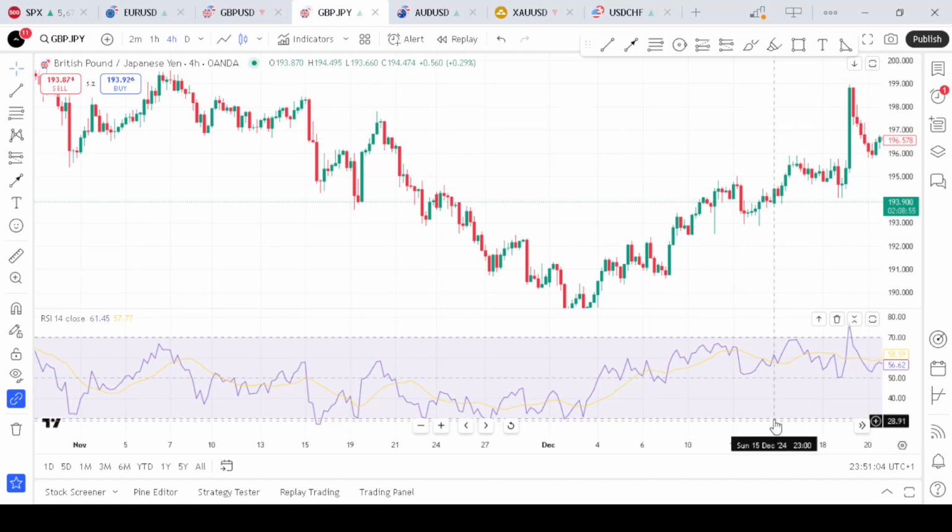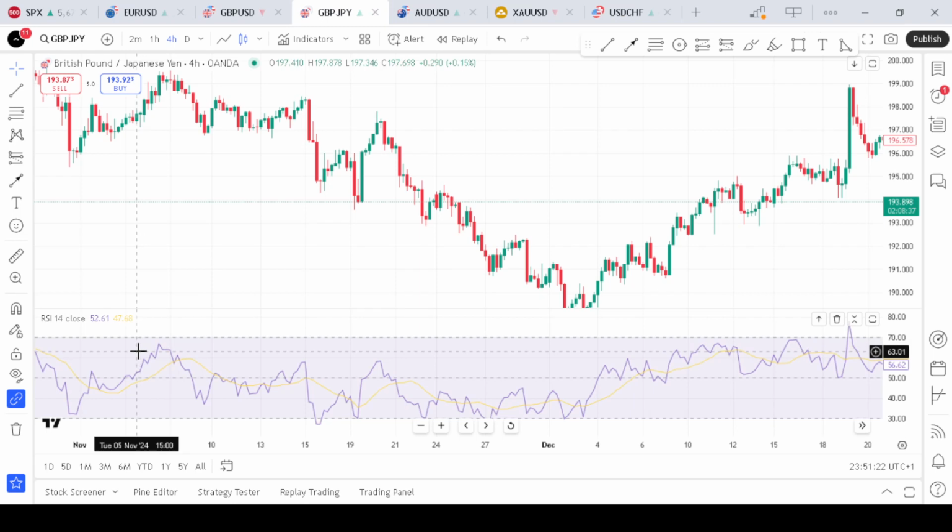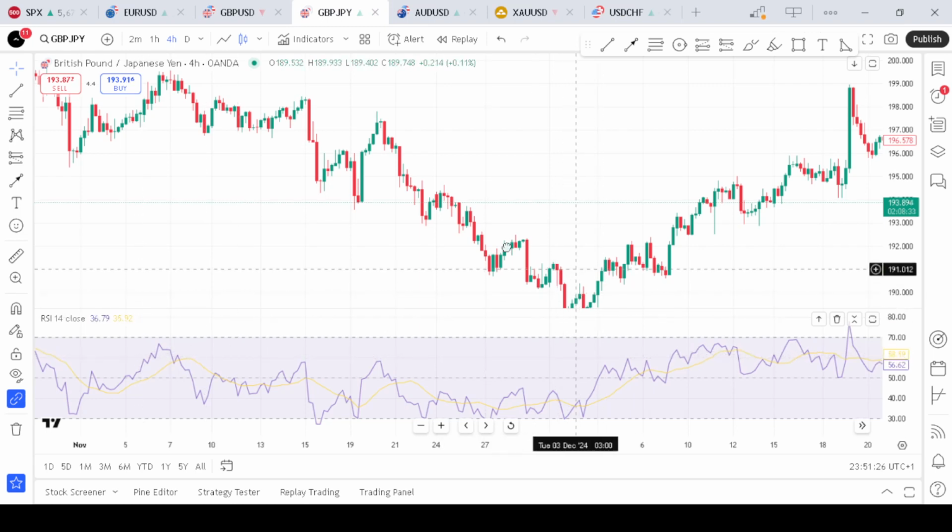Now, once you have identified the market condition, you set up your chart with a standard RSI of 14. The 14 period has already been set on my RSI. For stronger signals, you can consider adjusting the overbought and oversold thresholds to 80 and 20, especially in volatile markets.